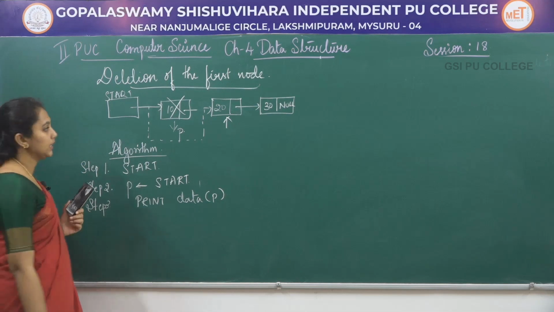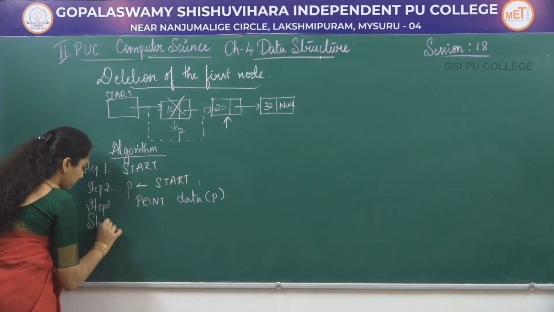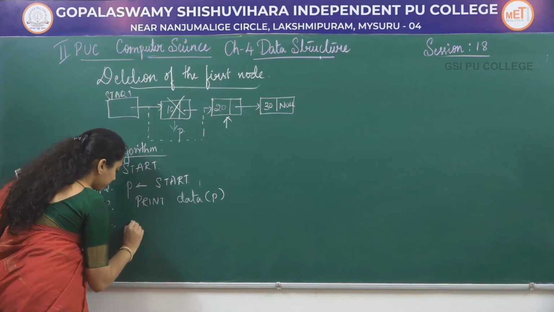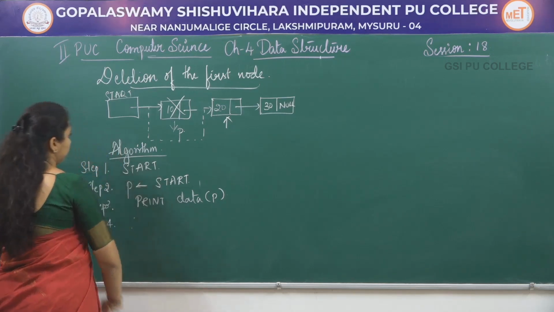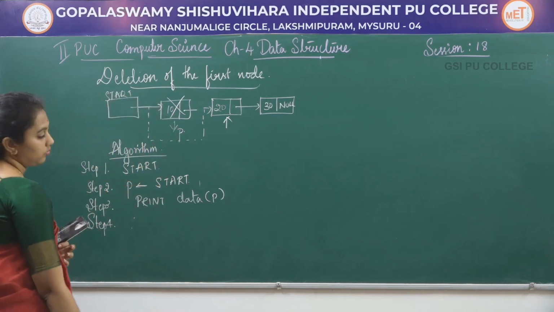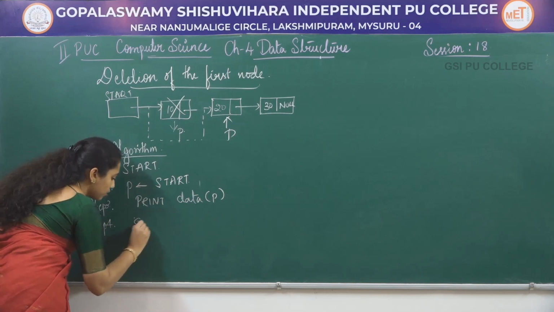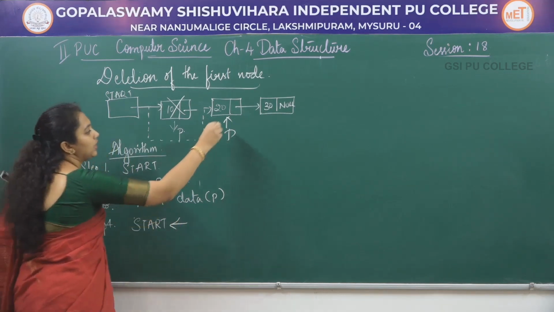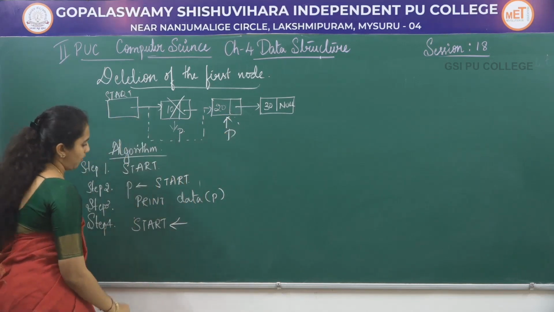Step 4. Now this becomes P. So we are going to link this second node to the start pointer.